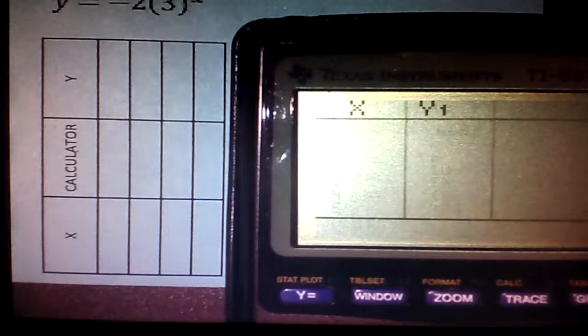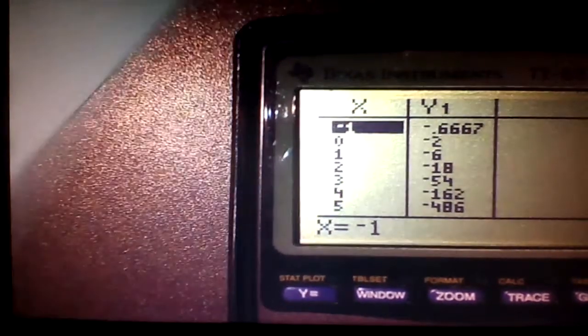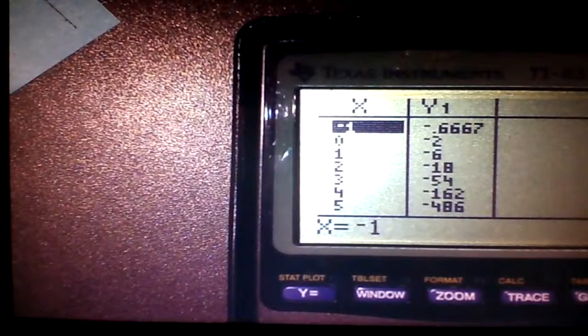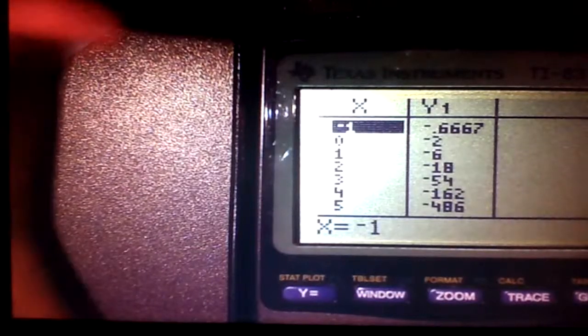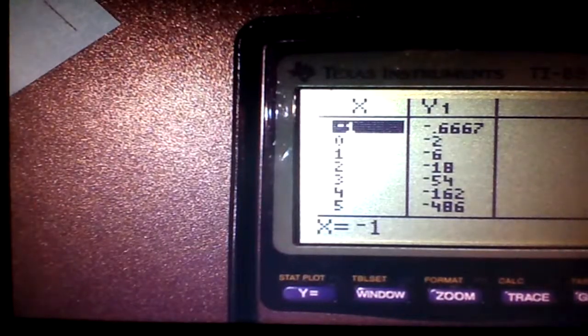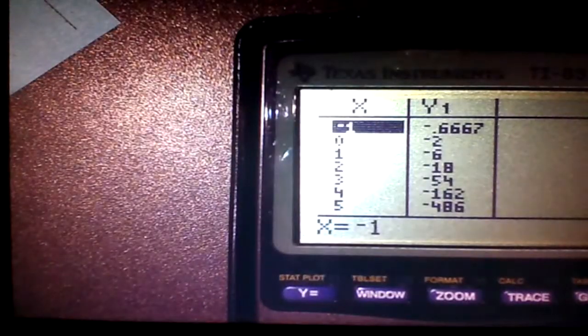Just do 0.67. So -1 and 0.67, 0, -2, 1, -6, and 2, -18.